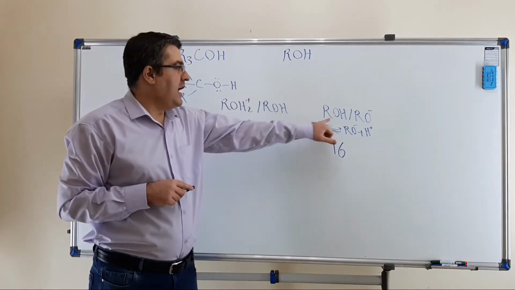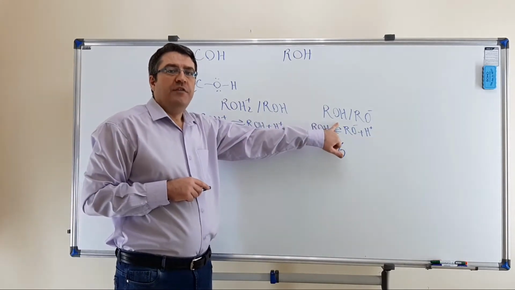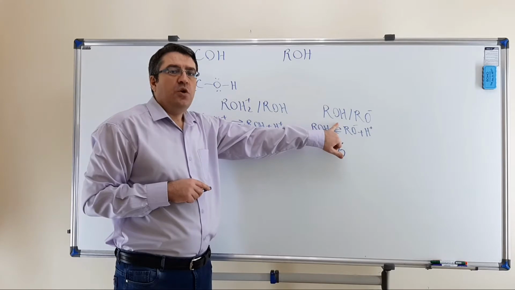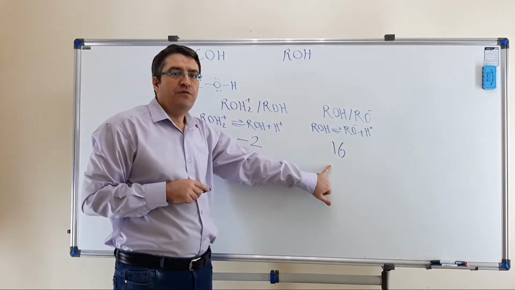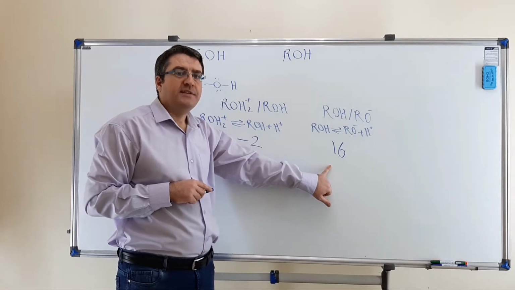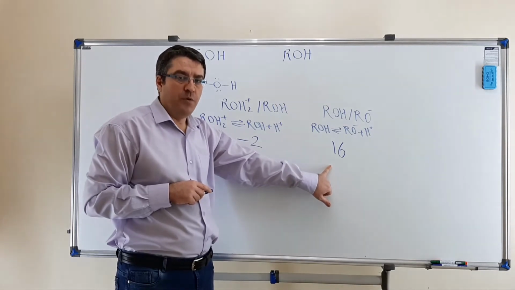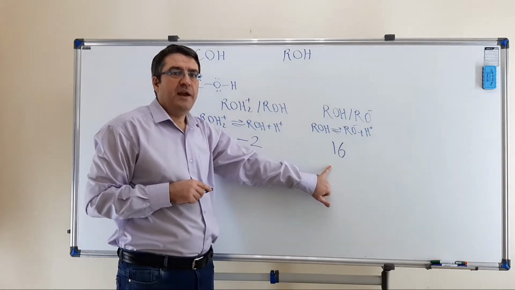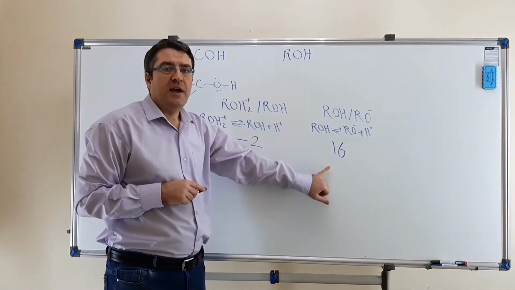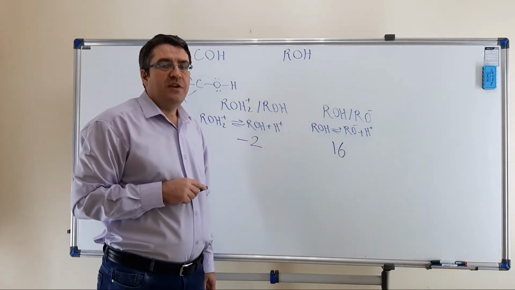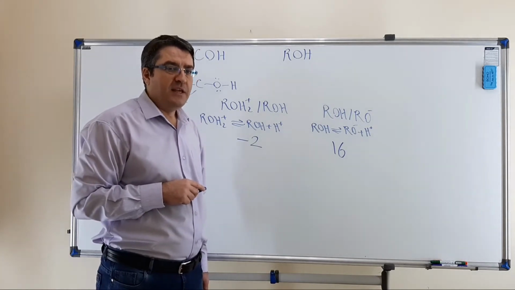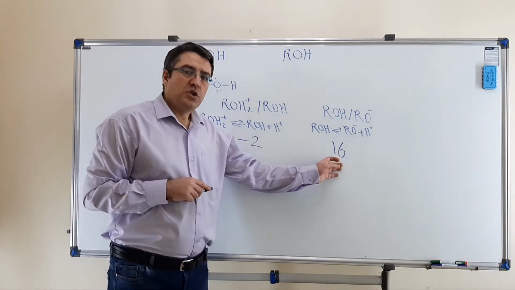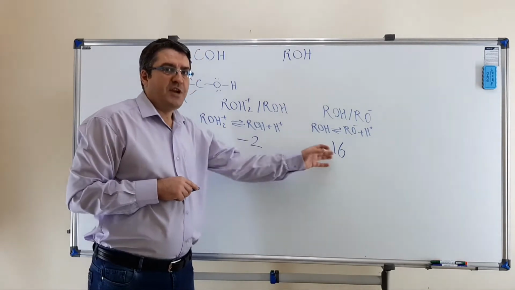For example, for one alcohol we might see a value of 15.5 for pKa, while for another alcohol, we might see a value of 18. Therefore, it is better to consider ranges such as the range from 15 to 18. But for simplicity and ease, we can also consider a single value such as these ones.